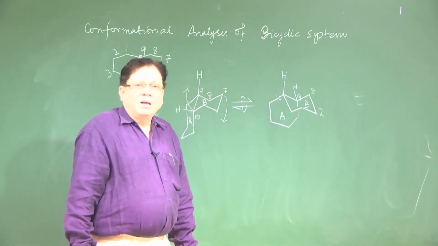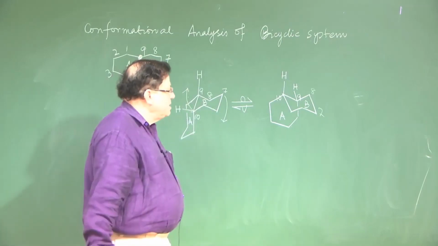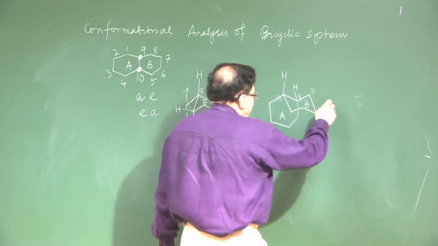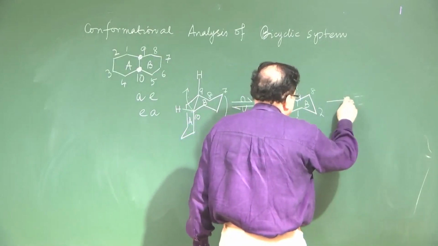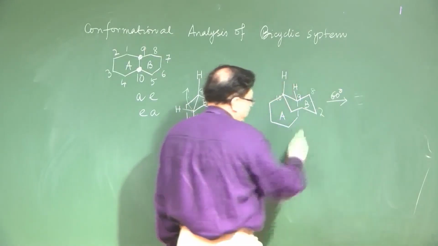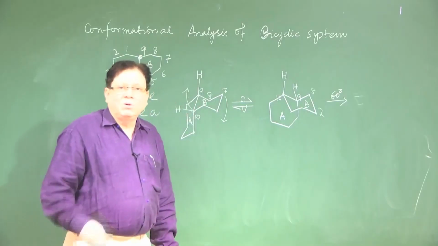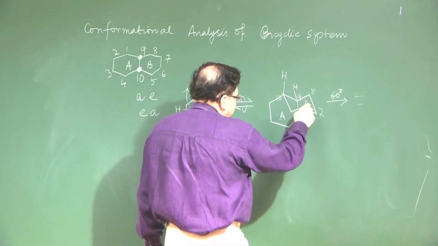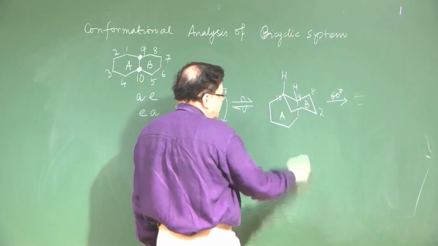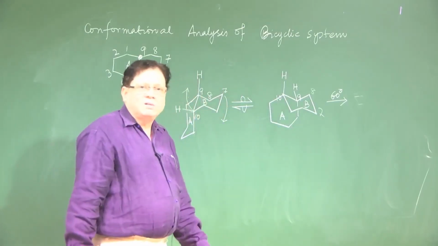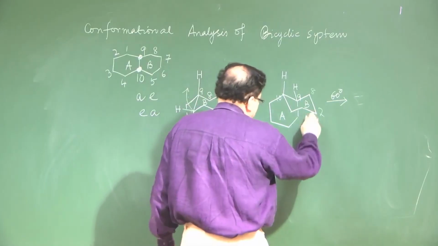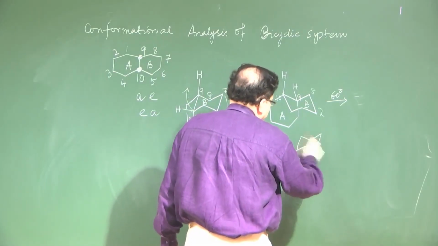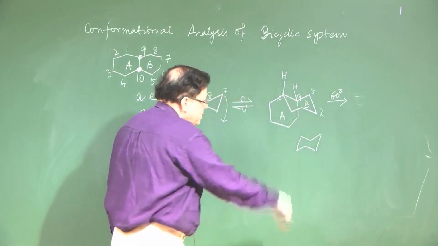So, is it possible to show both the rings in the chair form? Yes, it is possible. You know that if a chair is turned by 60 degrees, the chair looks like a mirror image chair. So, if I turn this B ring by 60 degrees, suppose in an anti-clockwise direction, the chair will look like a mirror image chair, with respect to the B ring.